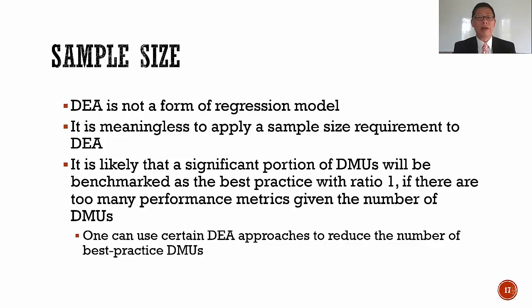And we have papers accepted or published that actually ask what if that rule is not satisfied, what would you do? Okay. So I just want to put the slide in there. Again, DEA is not a form of regression. Okay.